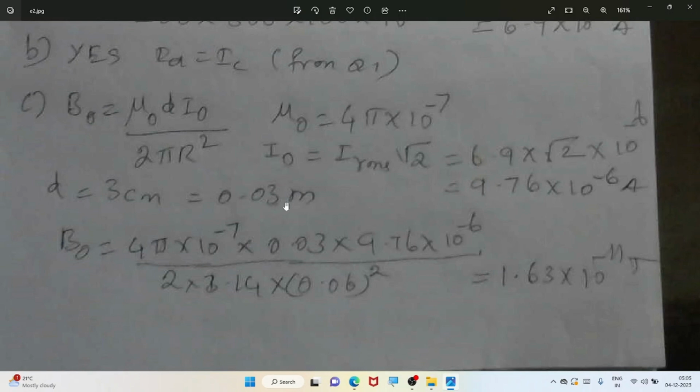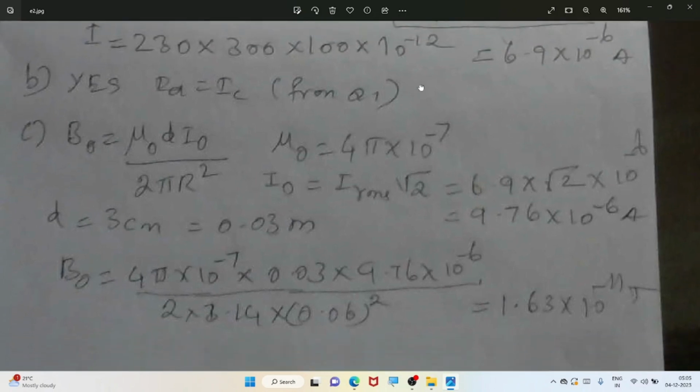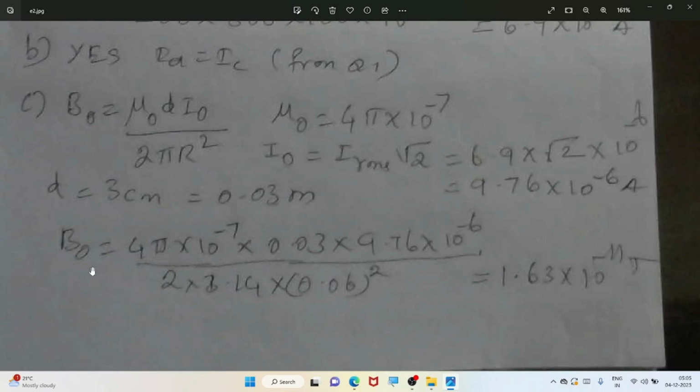Here we have to find the peak value of I naught. Peak value equals square root 2 times the RMS value, the RMS value from the above. Then after that you will get this B naught.